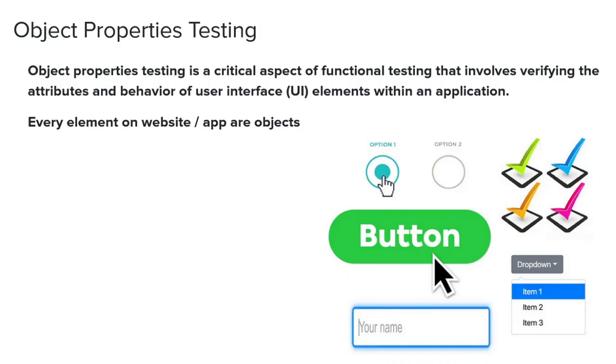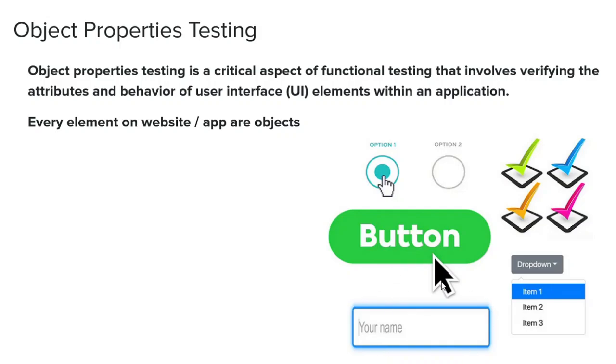If you take another example, there can be a name input text field. We can see some input text field for your name. Now what are the properties of this field? The size of the input field, how many characters it can take, what is the placeholder here. These are nothing but properties of that input field.